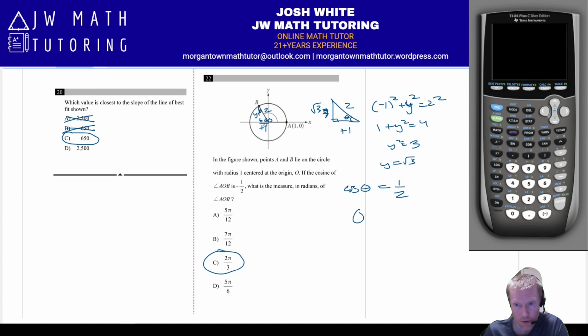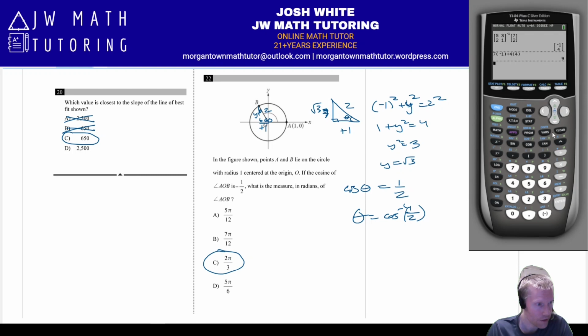Again, I'm using it as positive because of the calculator. So cosine inverse of 1/2. You do that on the calculator, and I'm going to put it into radians, because we want everything to be in radians. I'm just going to do 0.5 instead of 1/2.